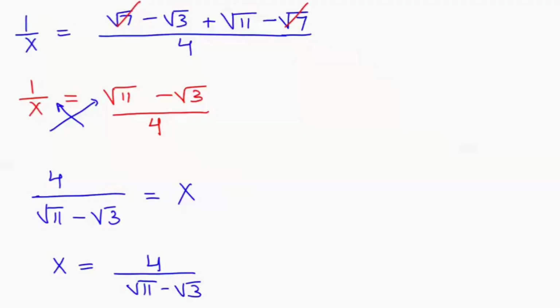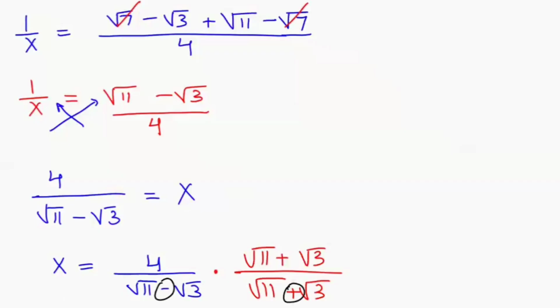Now I'm going to rationalize the denominator here again. I'm going to multiply by root of 11, now changing the sign, positive root of 3 over root of 11 plus root of 3. Now this 4 is multiplying with this, and here we have the positive and negative sign. So here I'm going to apply the same algebraic identity.